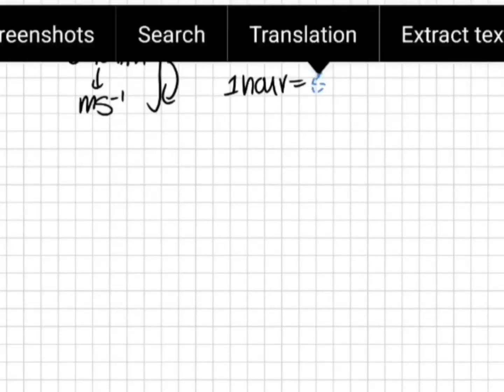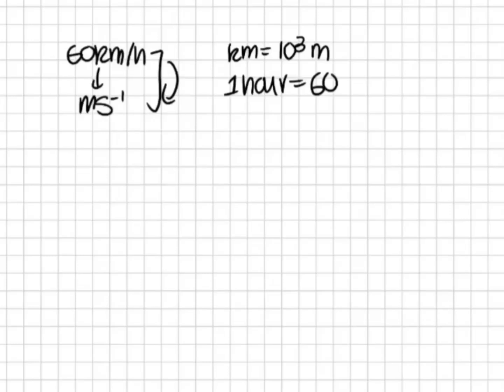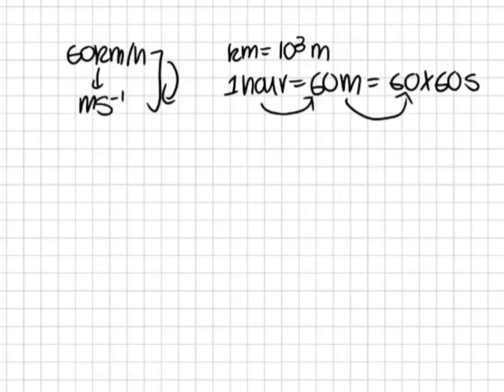And we know that 1 hour equals 60 minutes, which equals 60 times 60 seconds, because there's 60 minutes in an hour and 60 seconds in a minute.